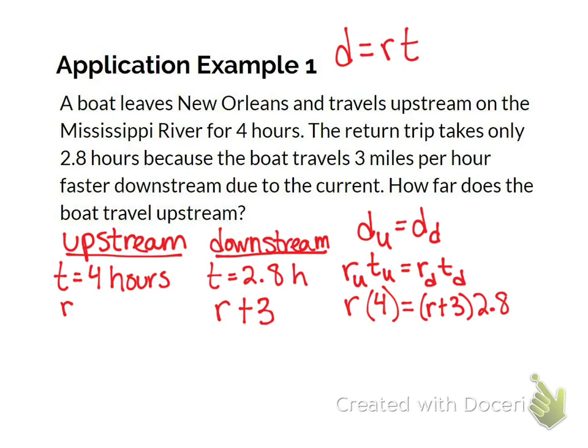Okay, then we have to simplify this a little bit. So we take R times 4, that's just 4R. Something we haven't seen much lately is when we distribute from the back of our parentheses, but that's what we need to do. So we have 2.8R plus, we've got to take 2.8 times 3.